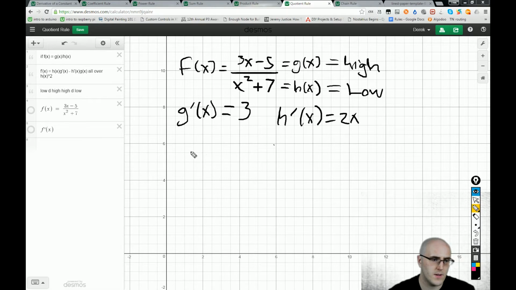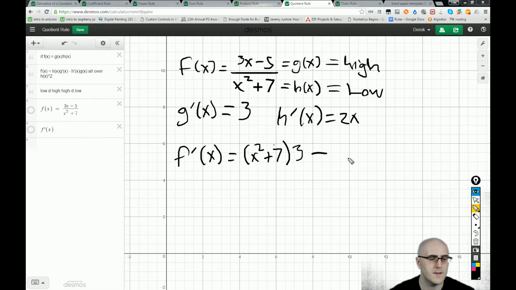Alright, so we get f prime of x is equal to low d high, so we have x squared plus 7 times d high, which is 3, minus high d low, which is g of x, which is 3x minus 5, times 2x.